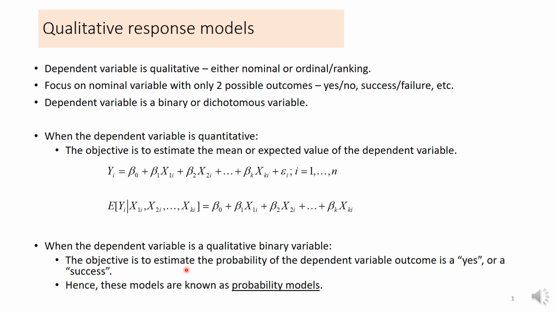So basically we're interested to find the probability of the dependent variable assuming the value of 1, or alternatively assuming the value of 0.